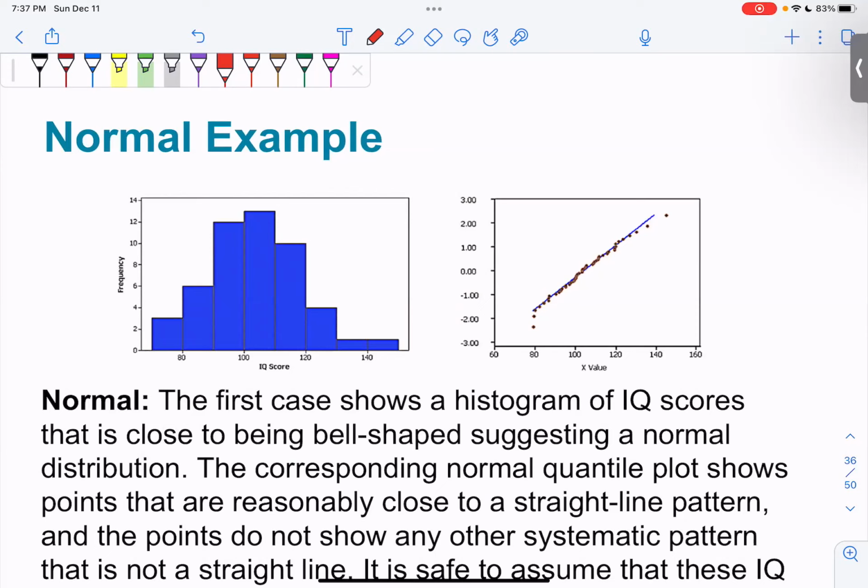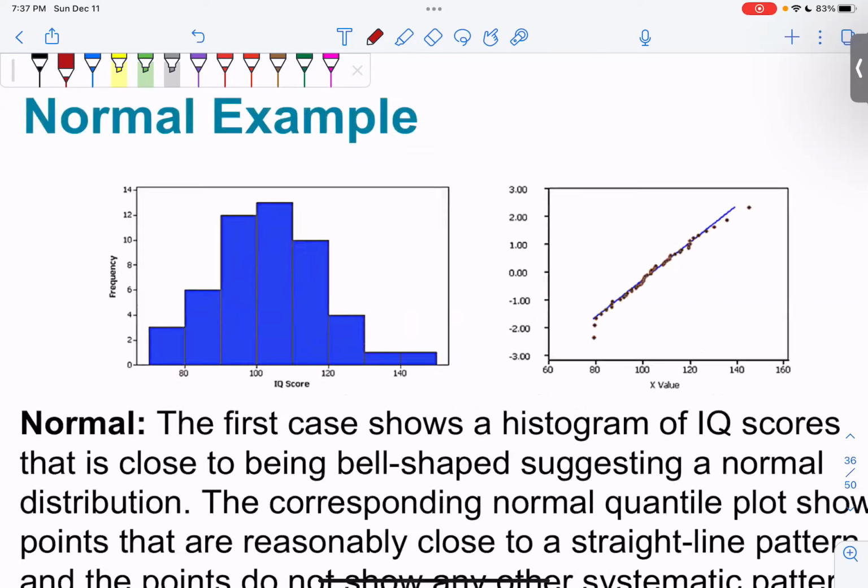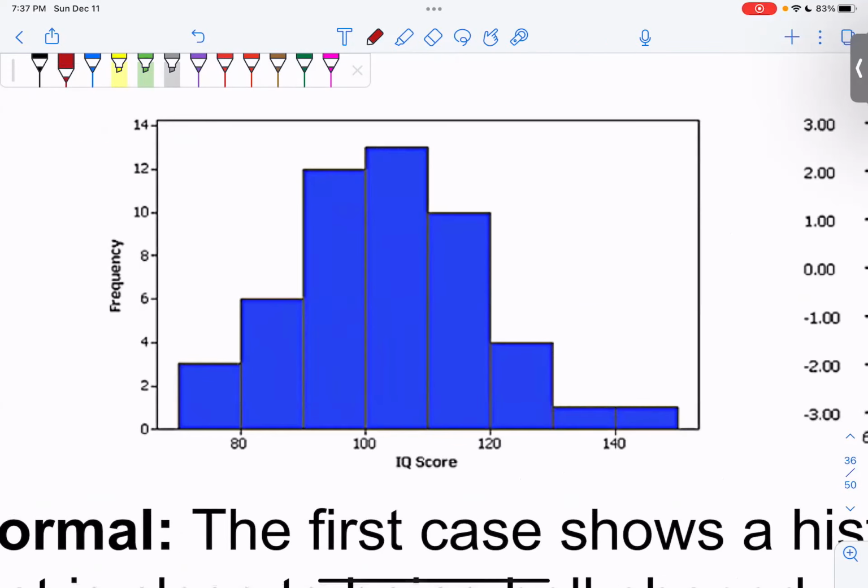If you look at this histogram here, it's close to the normal distribution, right? It's close enough.